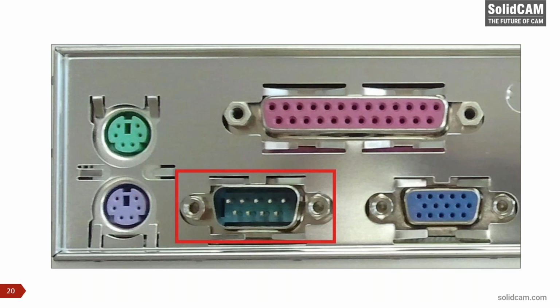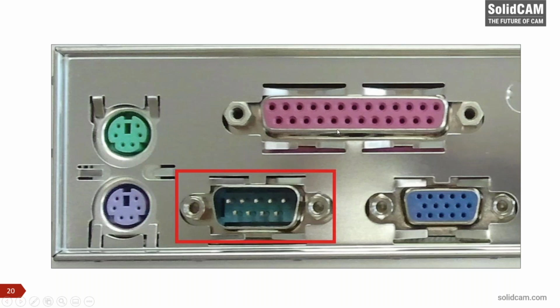And it was really very slow, because there was something called a baud rate, the speed of the serial port. This marked port is the serial port, and the one in pink is the parallel port. So CIMCO had the ability to use either one of these ports to communicate with the machine.